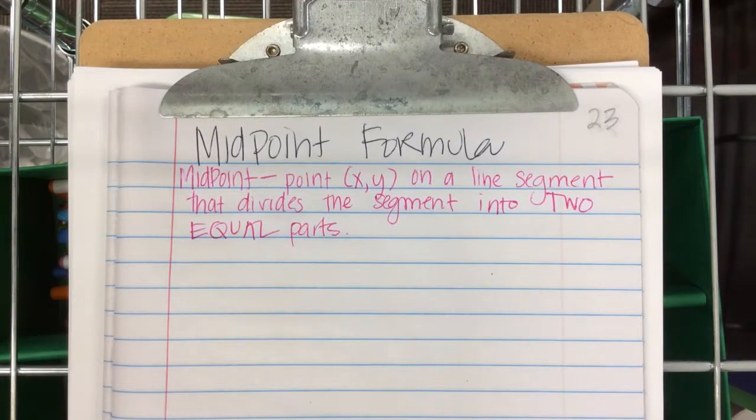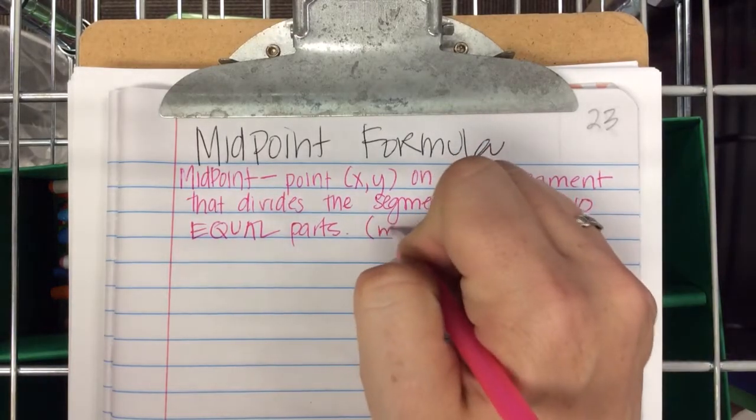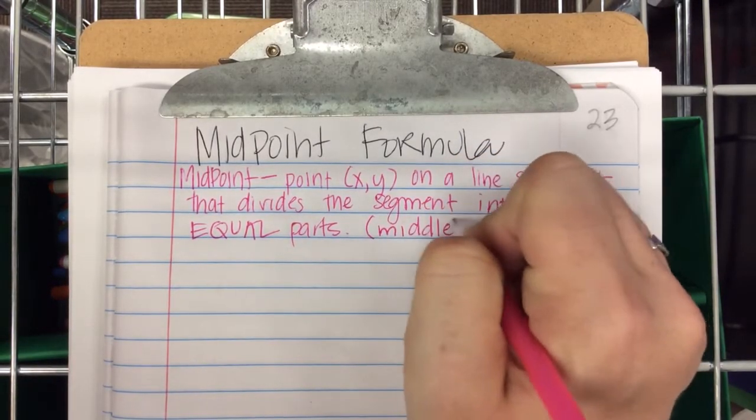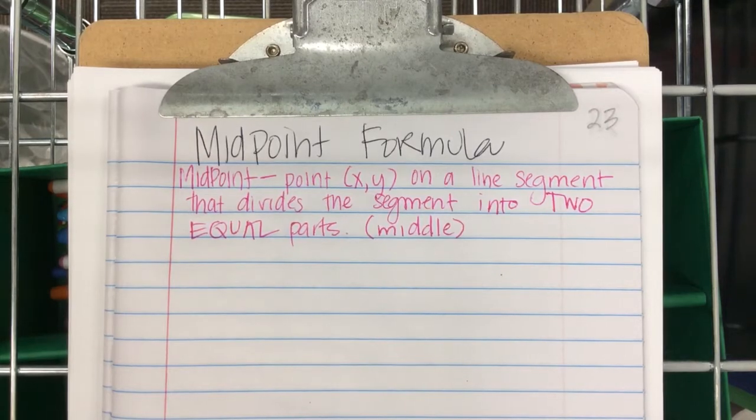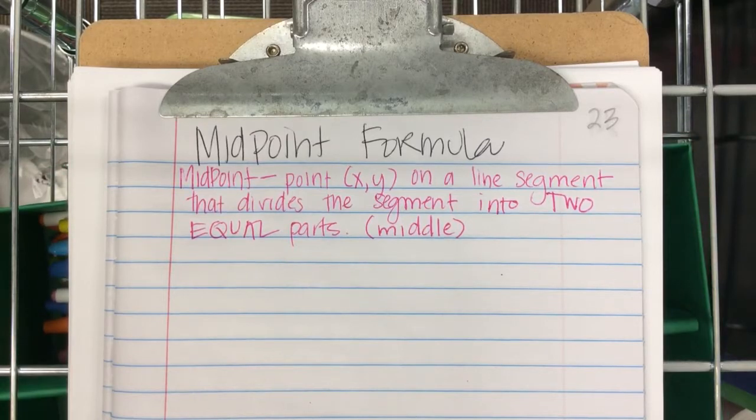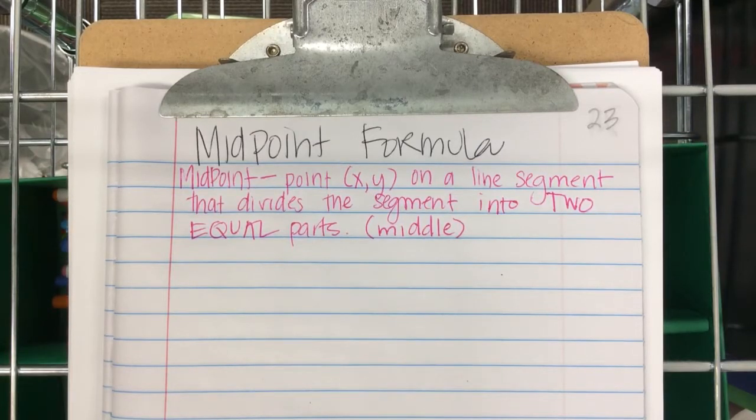It's the middle. The midpoint is a point. It's an ordered pair, an x comma y number, on a line segment that divides the segment into two equal parts. It's the middle. Very straightforward idea.